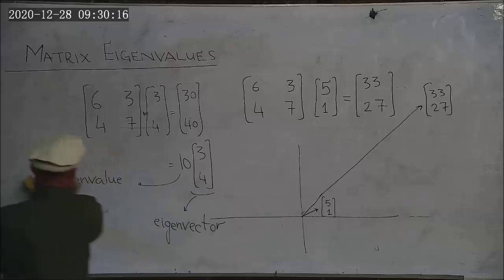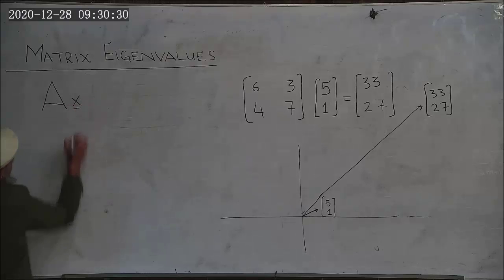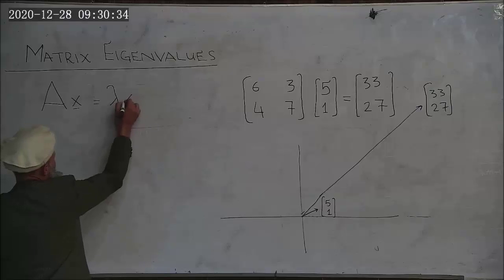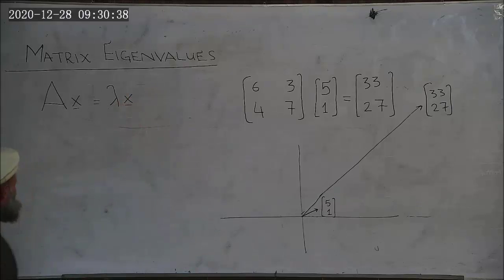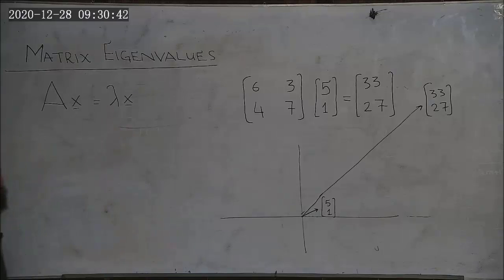Now a few more terminology. If you have a matrix A, if you multiply it by a vector and the resultant is only a scaling in that vector, then this vector is eigenvector and this value is the eigenvalue. And spectrum.